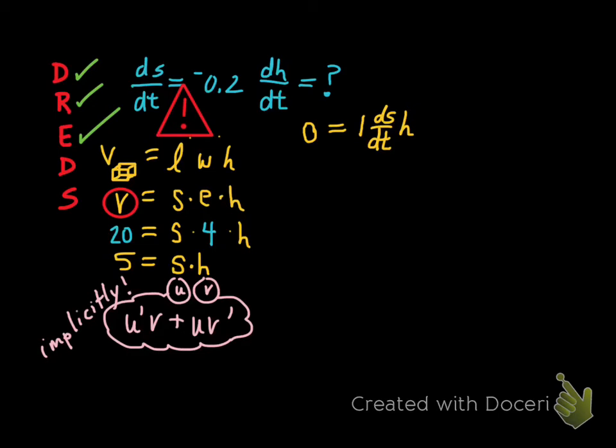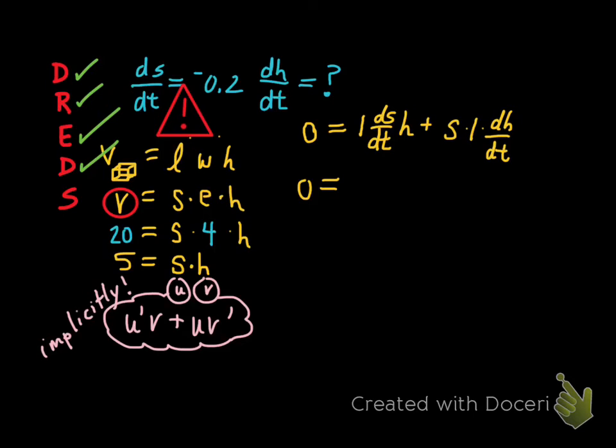So I have 1 ds dt times h plus leave u alone, which is the s, and then take the derivative implicitly of h, which gives you 1 times dh dt. Here is the derivative equation. Congratulations, you found the derivative.